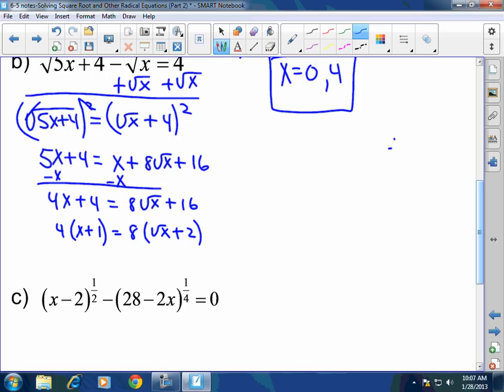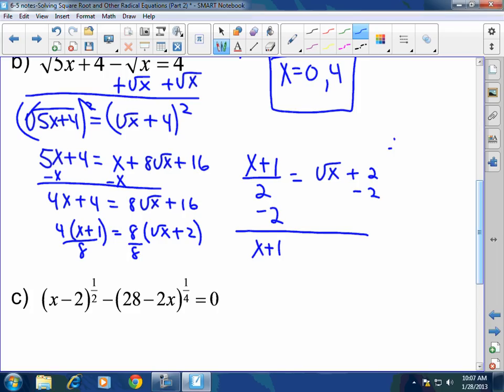I'm going to divide both sides by 8, giving me x plus 1 over 2, and then that equals square root of x plus 2. I'm going to subtract 2 from both sides. Okay, so that's going to give me x plus 1 over 2 minus 2 equals the square root of x.